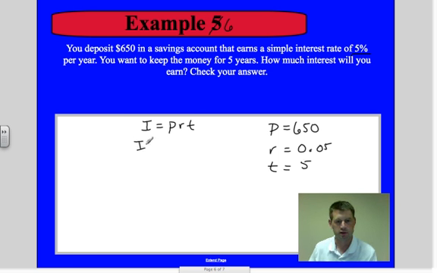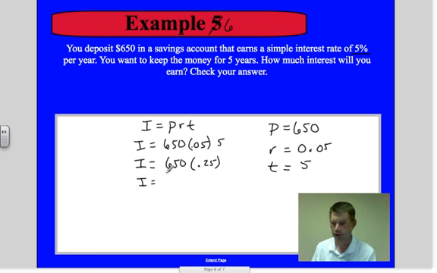Then we write this as I equals 650, the rate was 0.05, and we multiply that by 5. So we get 650 times 0.25, and as we multiply that, we're taking 1/4, or a quarter, of 650, which gives us 162.50.